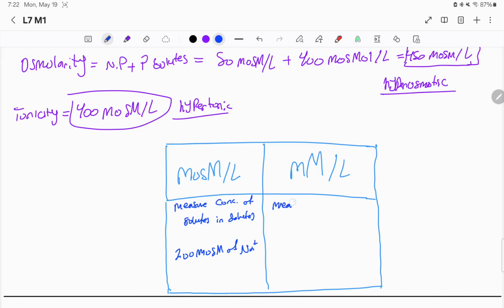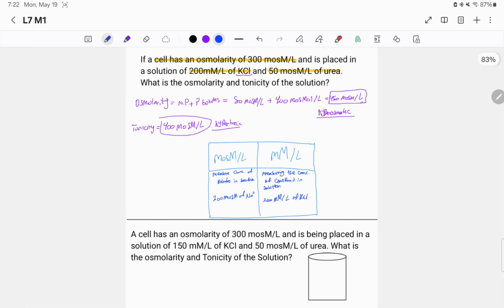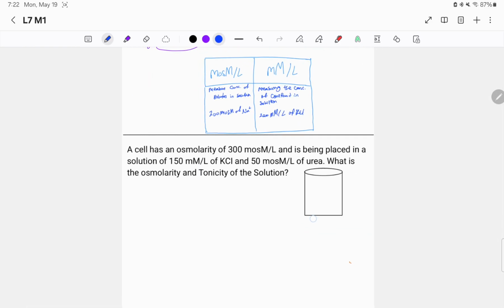Millimoles is measuring the concentration of a compound in a solution. And this would be, for example, 200 millimoles per liter of potassium chloride. So that's the distinction there.